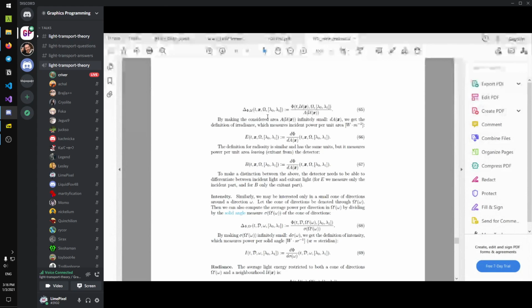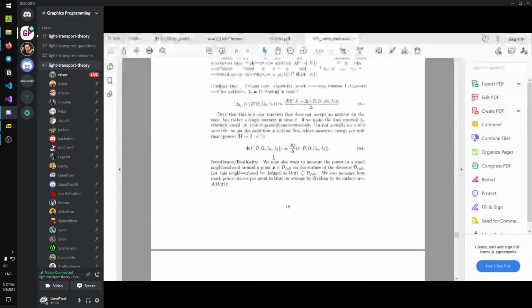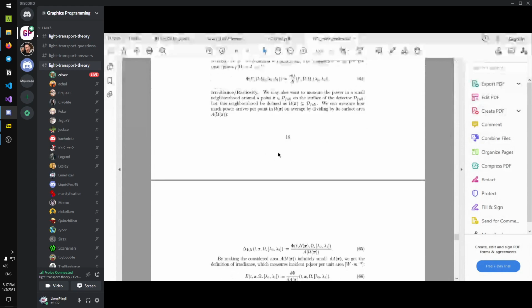So as you can see, flux is defined with respect to a set when it comes to surface, and now the irradiance is defined with respect to a point. So every time we take such a derivative, a measure derivative, you reduce a whole set to a single point. In a similar fashion as you had a set of time points, we turned it into a single time point.